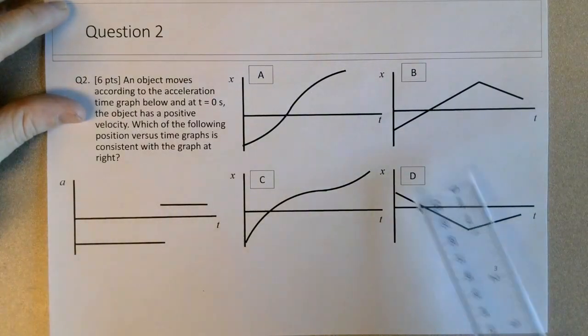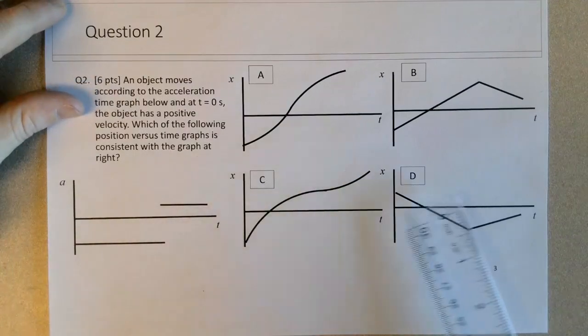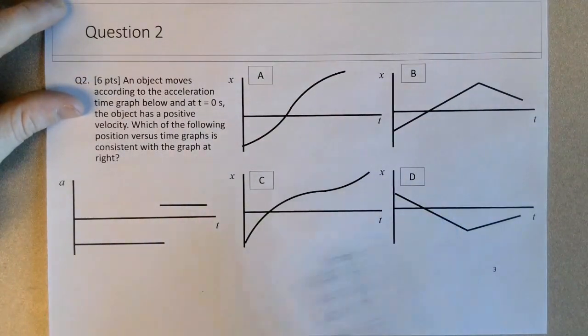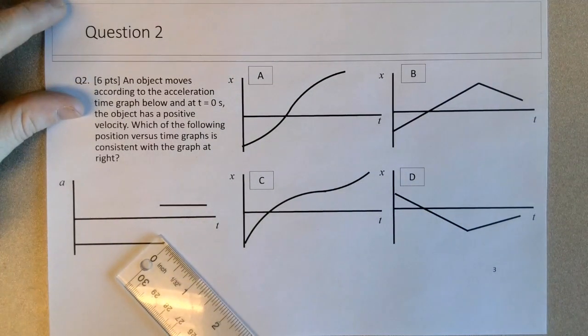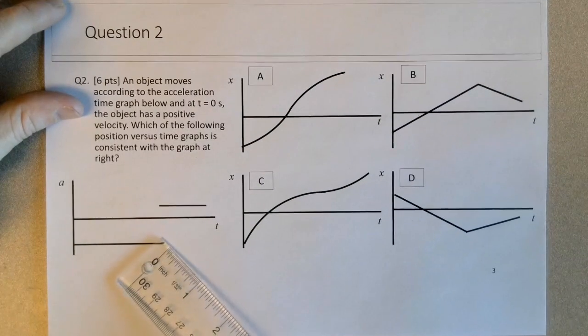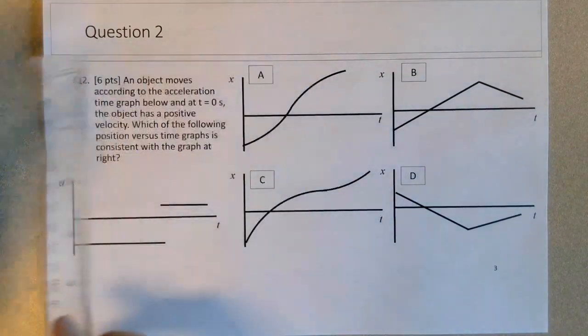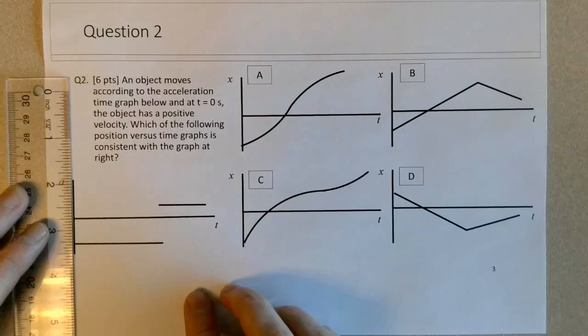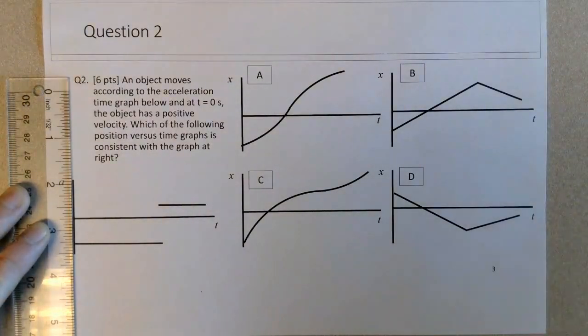So we can rule out choice D, but to show you why D is in here as a choice, let's try and draw a velocity time curve that's consistent with this a-t curve. So maybe I'll just draw it right below it.